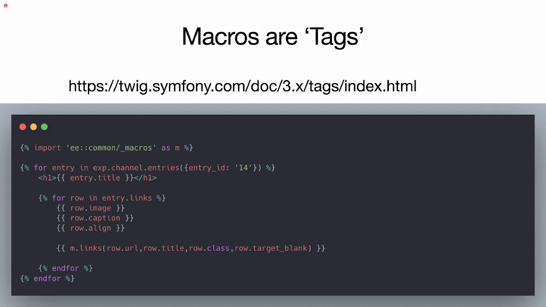And all I'm doing is I call that one entry, which is 14. I output the title just so I could see it. And then I cycle through the links and I just feed them over to my macro, which I called up there with the import, right? I'm saying, hey, here's a bunch of information, macro, do your thing.